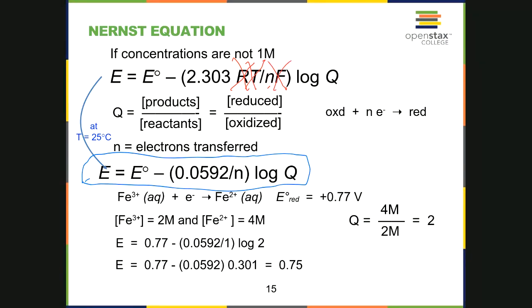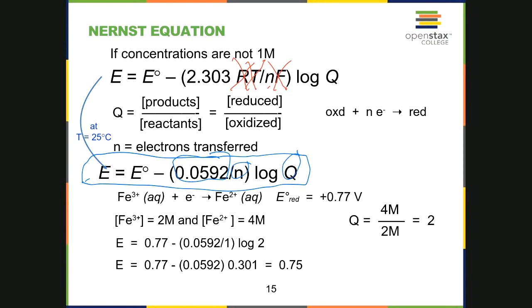But N is still there. All of those that were taken out are reflected in this value right here, the 0.0592. So that's making up for everything we got. We still have N, and we still have Q.